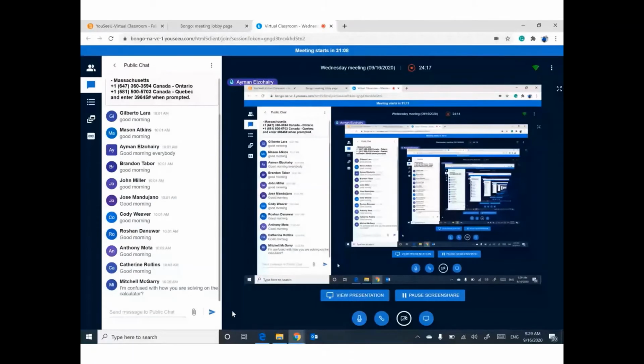So my suggestion for you, Mitchell, is to go to Google or YouTube and search using the model of your calculator how to solve a system of equations. They will let you know, because each model has a different way. Okay.